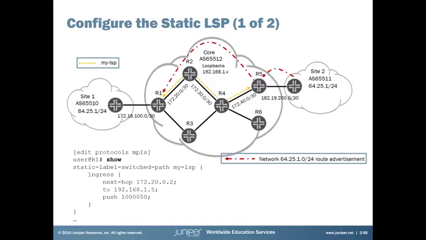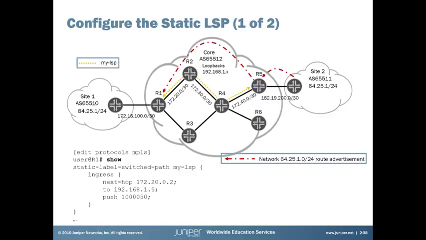Then we have the to statement, and then the IP address of the egress router. Now we're going to reference the loopback address of that router, which is R5, over here, 192.168.1.5. It would be useful, I realise, if the addresses were included on the diagram in the slide. But the loopbacks are 192.168.1.x here.